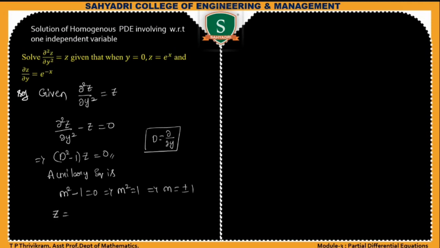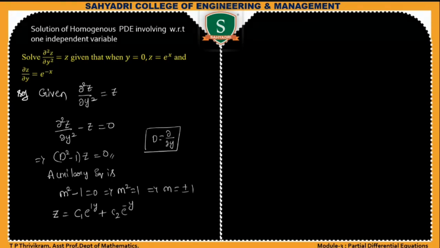When m has distinct solutions, it is C1 e power 1y, since y is there, plus C2 e power minus y.